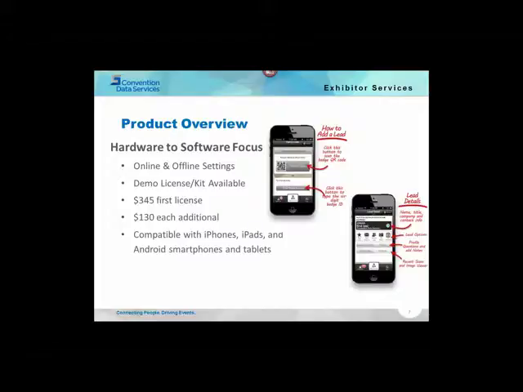We also have a demo license available if any exhibitors want to test this out ahead of time to see how it works before ordering it. And it's purchased as a license, so each device that you want to use it on requires a license. The first license during our early bird pricing is $345, and then each additional is $130. We do have custom pricing for 3-packs and 5-packs.